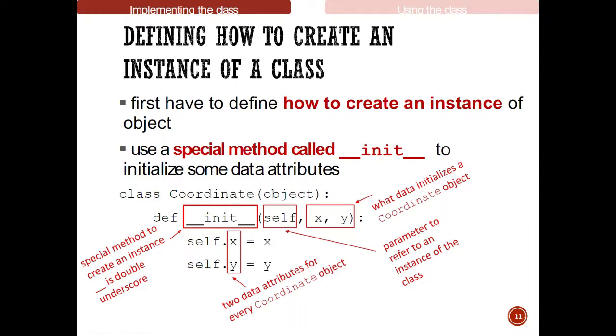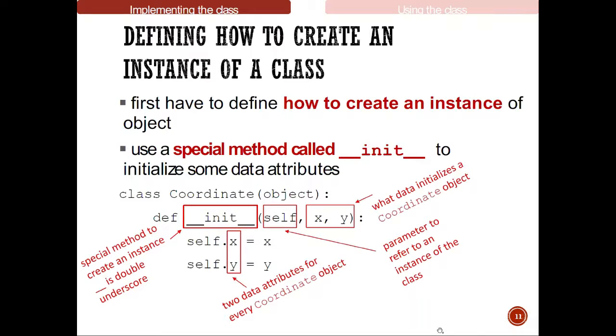To define how to create an instance of a class, we use a specialized method called __init__ to initialize the data attributes.